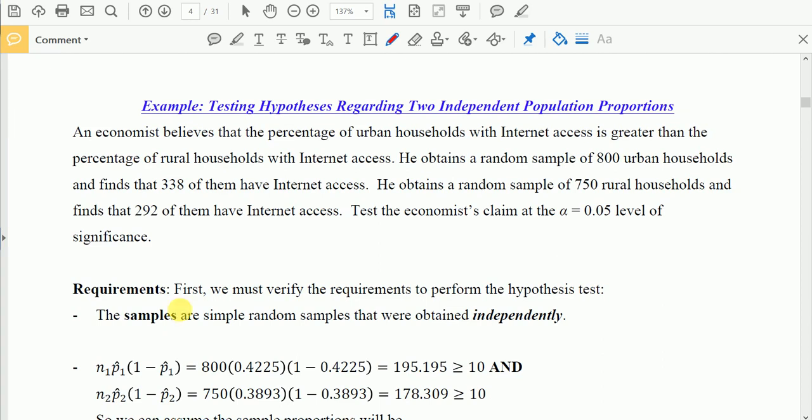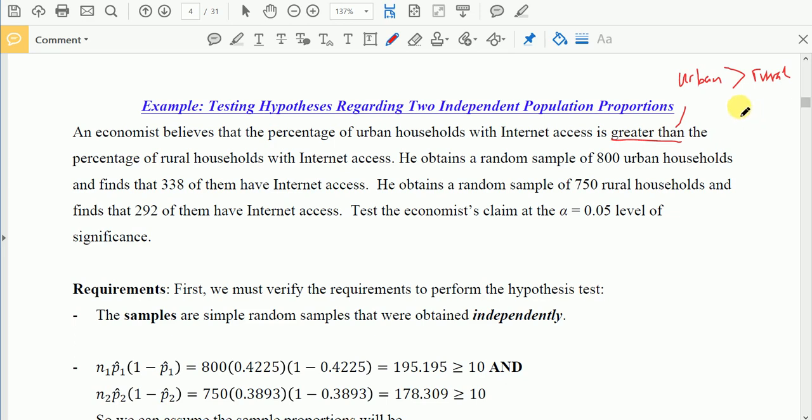So the first example is the testing of the hypothesis regarding two independent population proportions. An economist believes that the percentage of urban households with internet access is greater than the percentage of rural households with internet access. So from this one, the keyword is greater than. That means the urban is bigger than the rural.